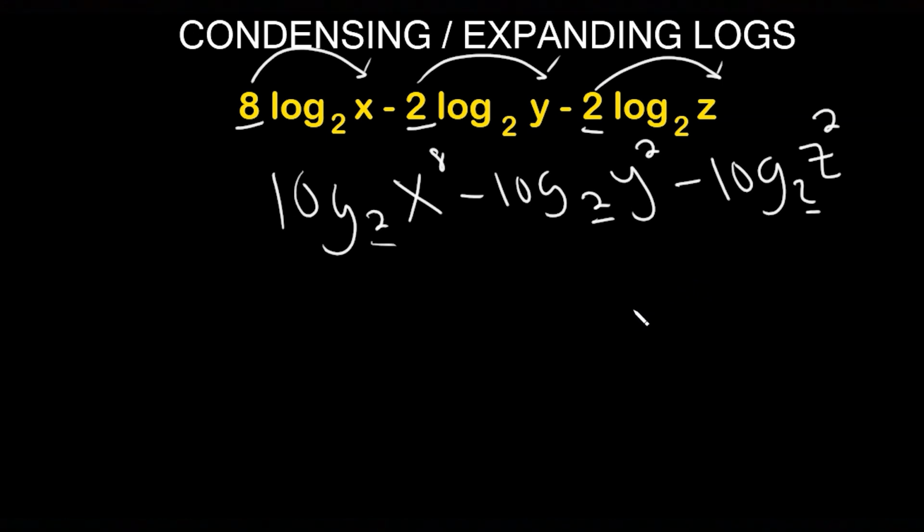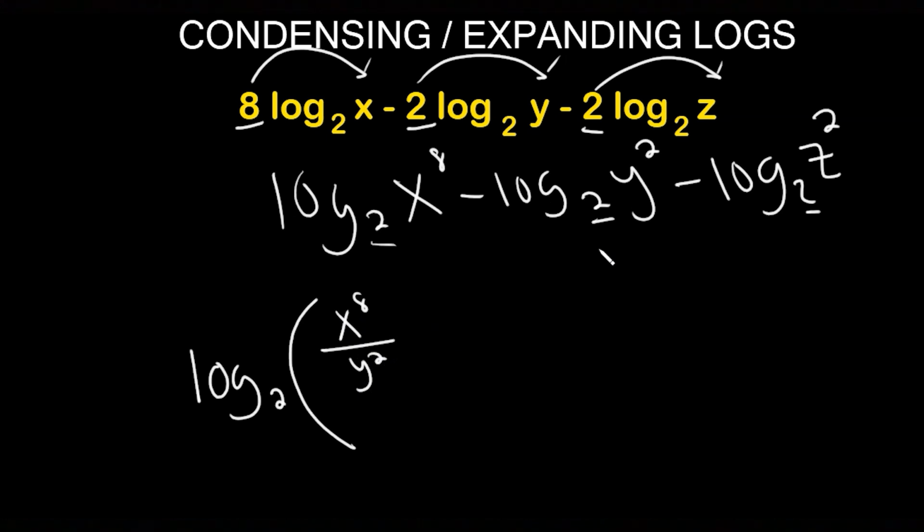Now this one can be a little bit tricky because you have quite a few operations going on here. So I'm just going to go ahead and rewrite the problem as log, and then we have a base of 2, okay? So I have x to the 8th power divided by y to the 2nd power. And then I actually have to do division again because I have one more subtraction sign right here. So I'm going to divide by z to the 2nd power, okay?